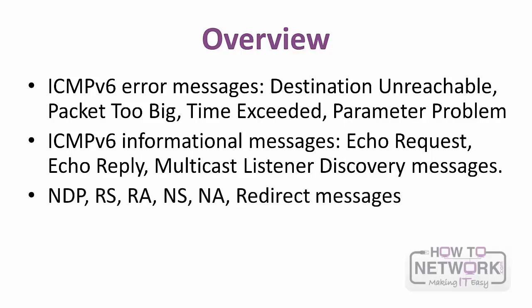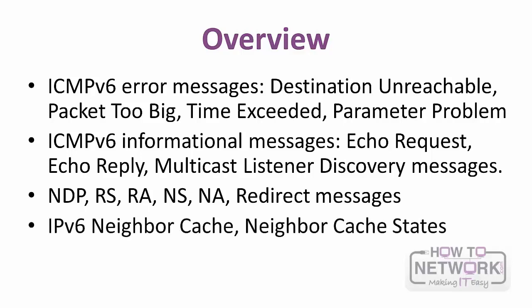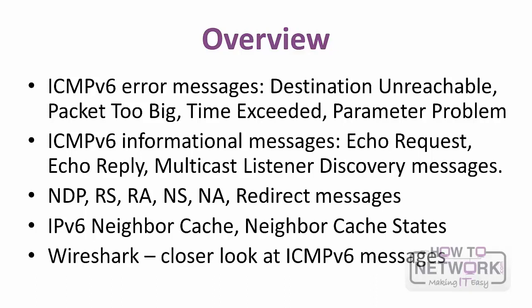Neighbor discovery protocol, router solicitation, router advertisement, neighbor solicitation, neighbor advertisement, and redirect messages are examined in detail. The IPv6 neighbor cache and neighbor cache states are also discussed. In the lab exercise, we're going to use Wireshark for a closer look at many of these messages.